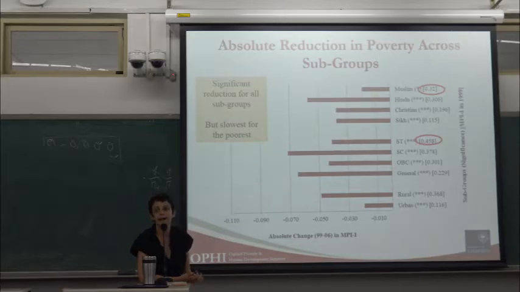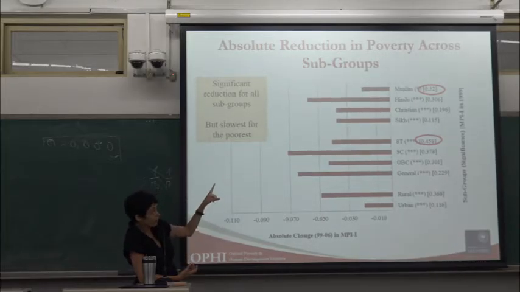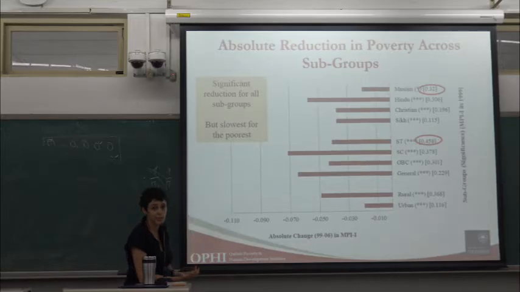Then we did it across subgroups. Again, what's the story here? For instance, for the castes. If you were the analyst and you looked at that data, what would you say? First thing is they seem to all have statistically significant reductions, although the Muslims only statistically significant at 10%.